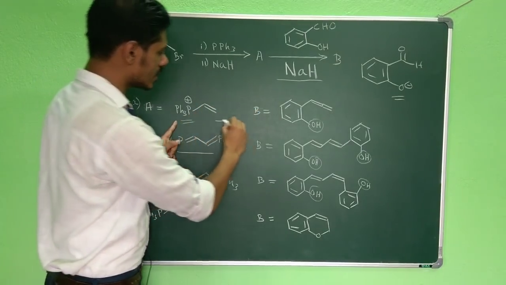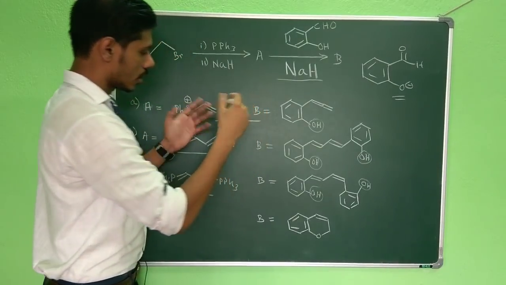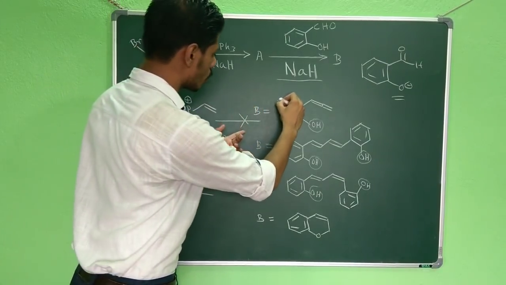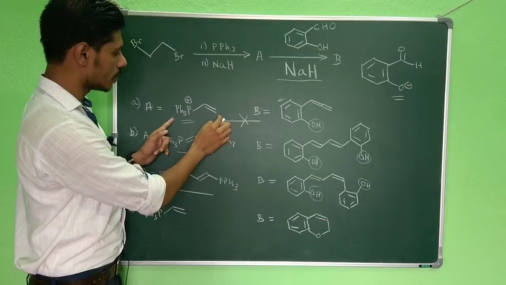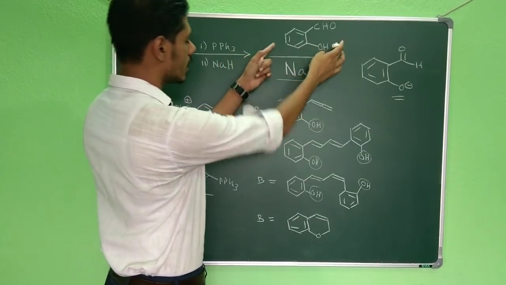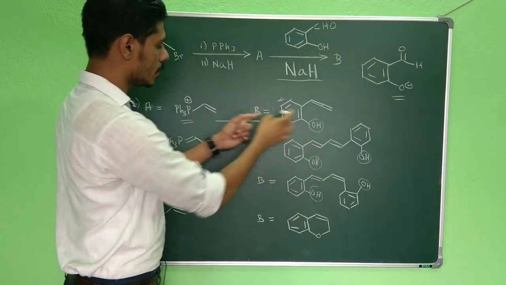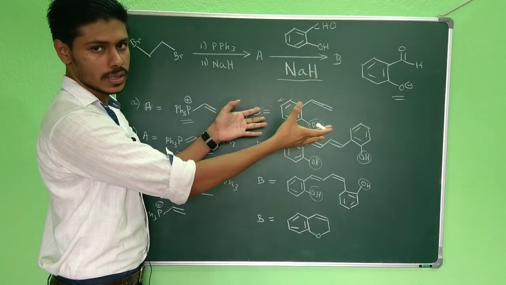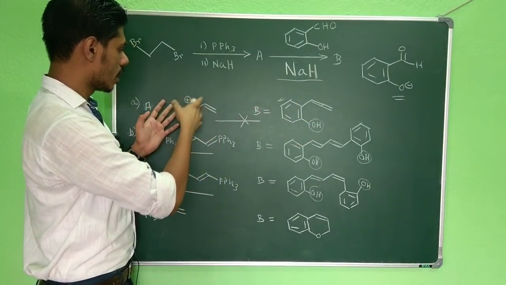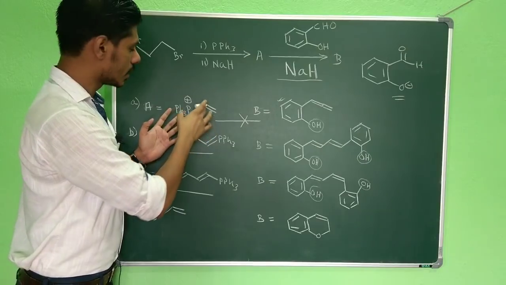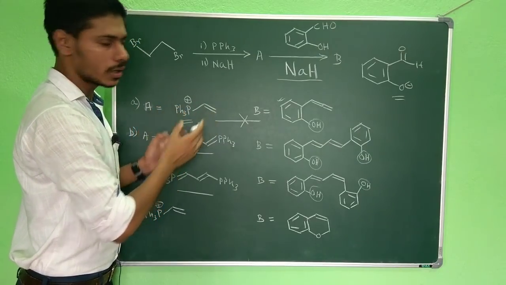So this reaction cannot occur; this is a wrong product, because it shows a Wittig type reaction whereas there is no negative charge here.